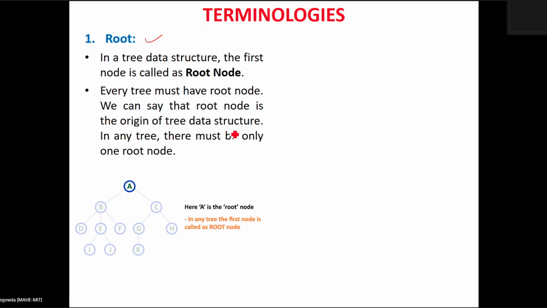Every tree must have a root node, so we can say the root node is the origin of a tree data structure. In this example, the first node A is called the root node, and all the nodes originate from it.